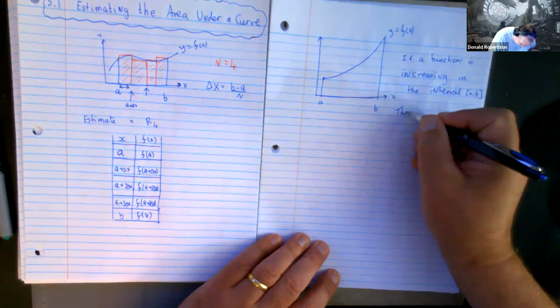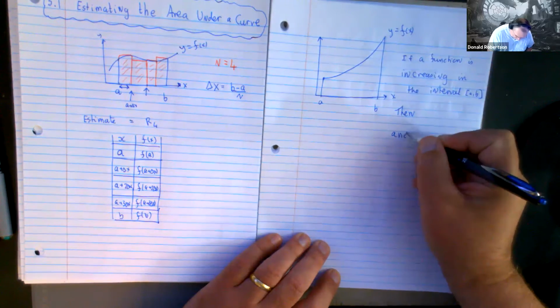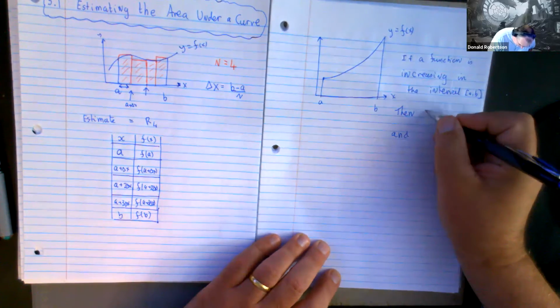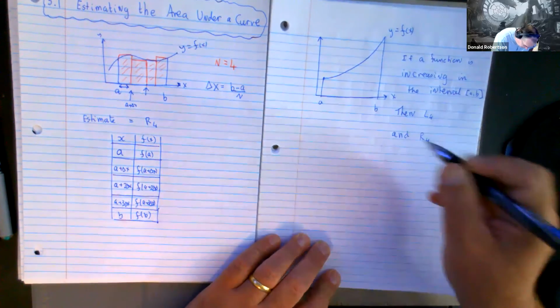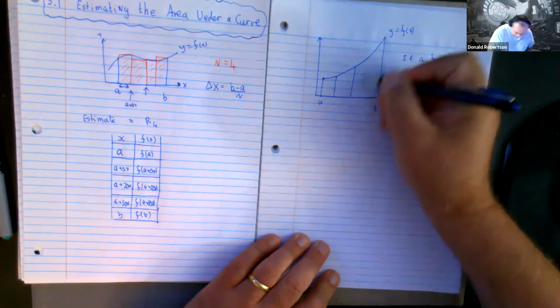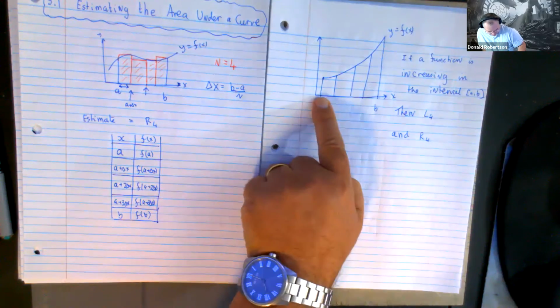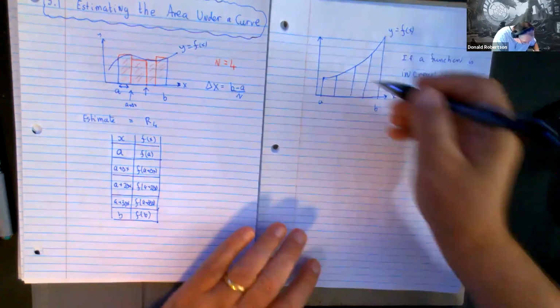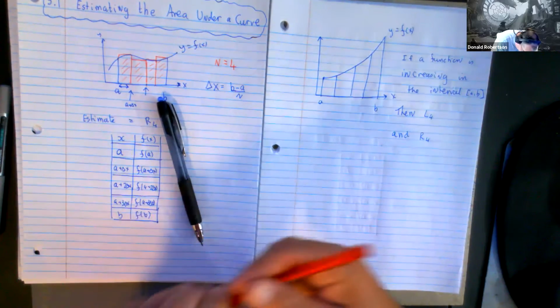here's the cool thing. Let's just pretend that there were 4 strips again. If a function is increasing in a certain interval, as it is in this diagram, and I calculated L4, meaning I'm using the left-hand side of these rectangles, in this case it would be these rectangles.